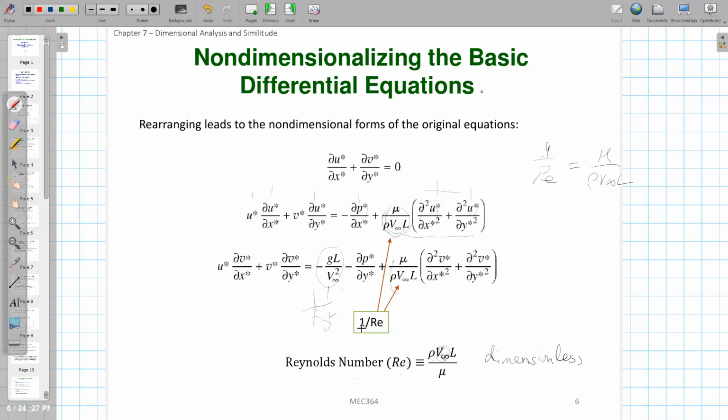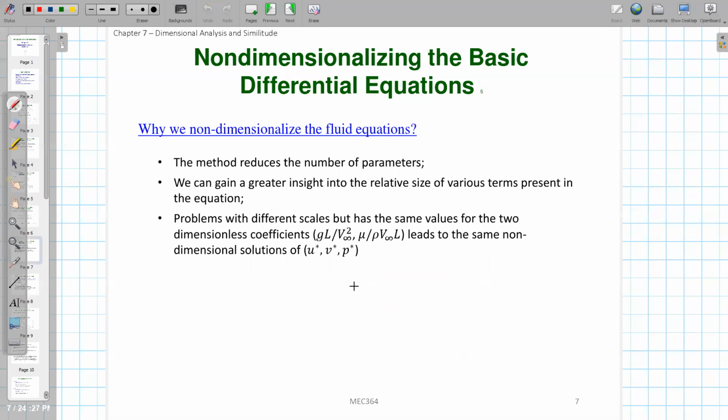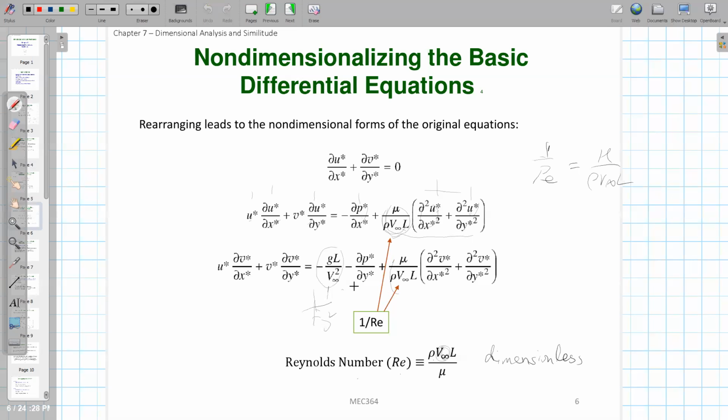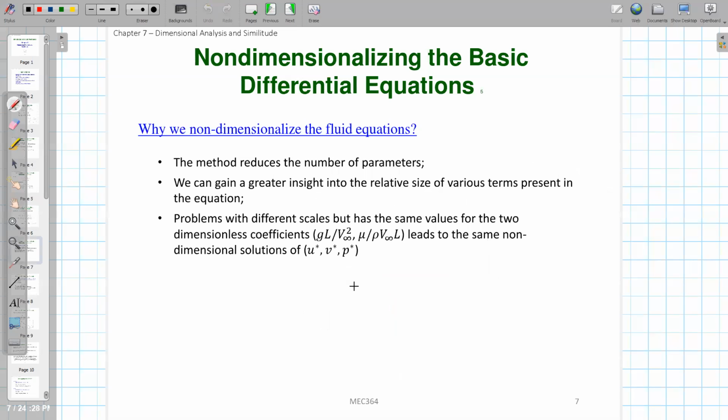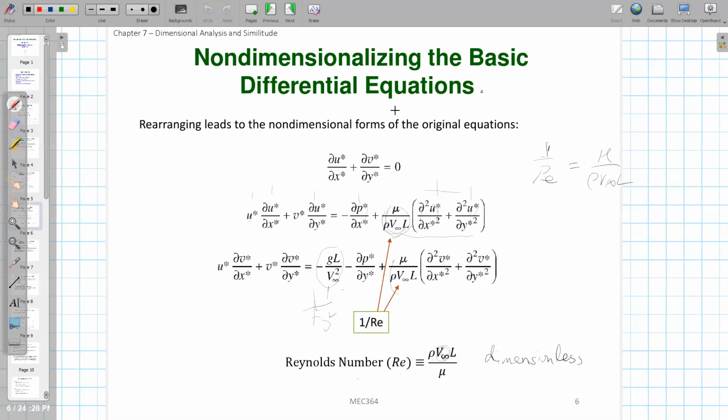And so let's summarize. Why do we non-dimensionalize fluid equations? The first reason is that we can reduce the number of parameters.